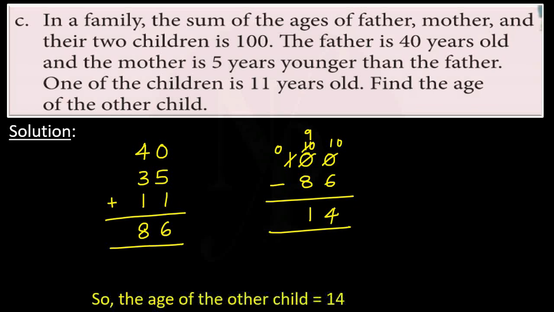So the age of the other child is 14 years. You may write this as the age of the other child is equal to 14 years. So like this you should solve the word problems involving both addition and subtraction.